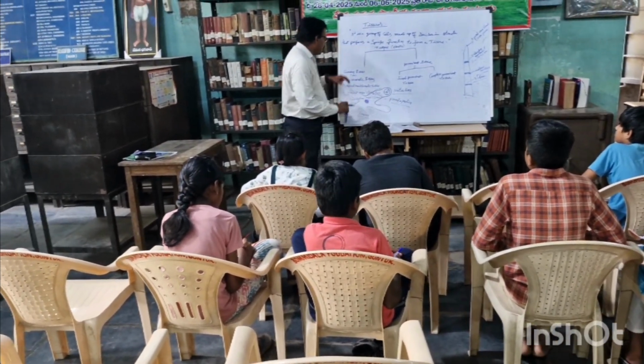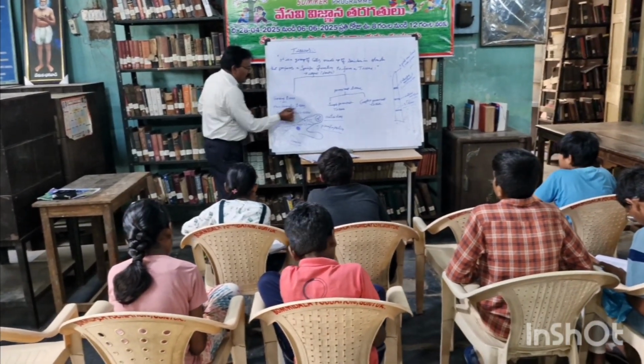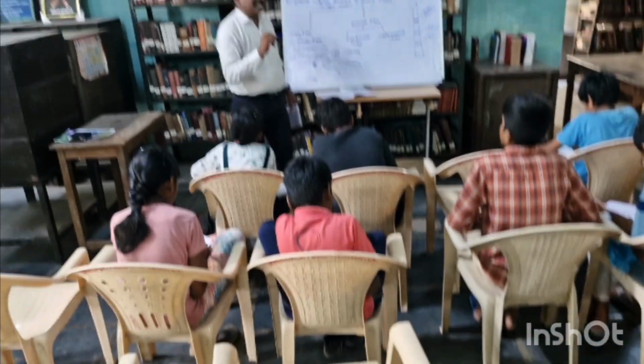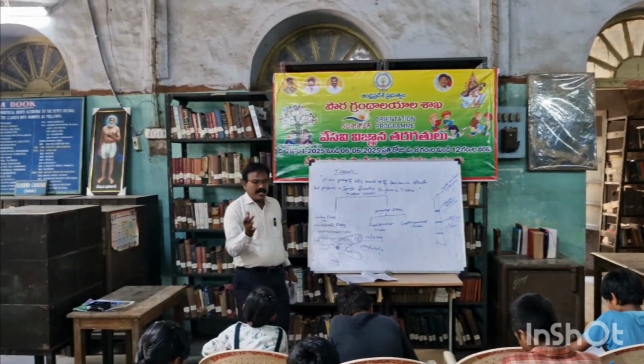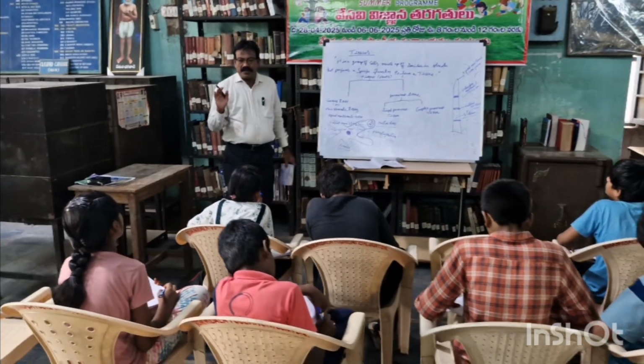So this is the classification of meristematic tissue. So how the cells are present? What are the features of cells of meristematic tissue? What are the main features?